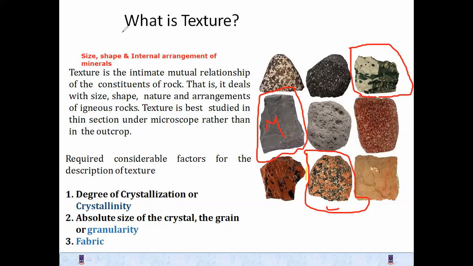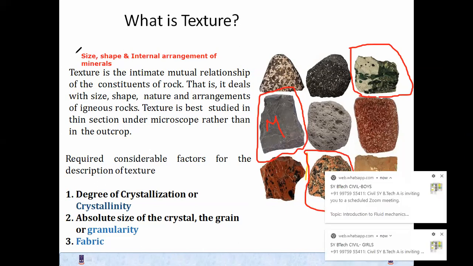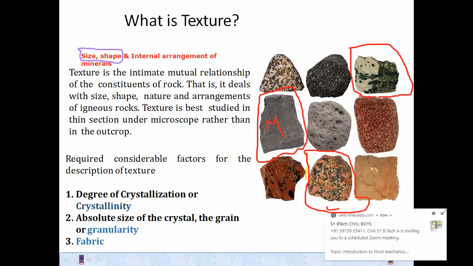Now we know the difference between size and shape. Okay, size and shape. These are two different words, and they have different meanings. Now, what is the meaning of size and what is the meaning of shape?